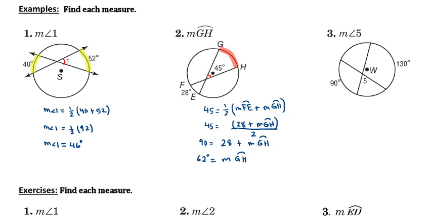And finally, number 3, which is to find the measure of angle 5. Angle 5 is this one here. Notice that angle 5 is not one of those angles for whom we have the measure of the arcs.